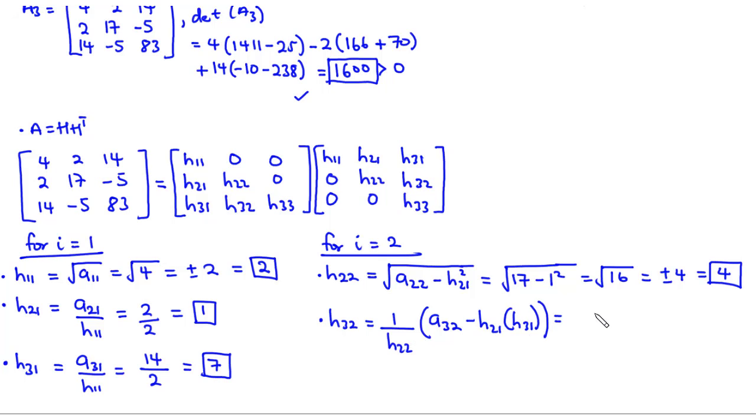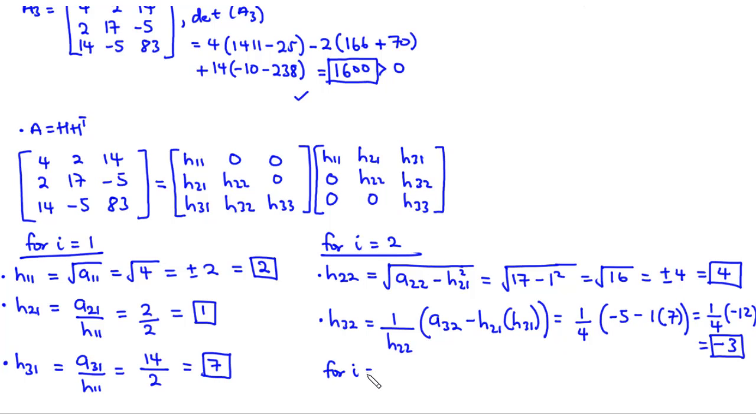So that will be equal to 1 over H22, which is 4, into brackets A32, that is negative 5, minus H21, that is 1, times H31, 7. So this becomes 1 over 4 times negative 5 minus 7, that is negative 12. So 1 over 4 times negative 12 becomes negative 3.